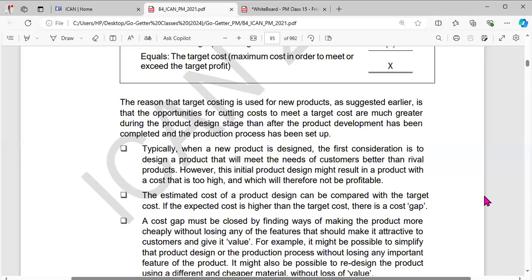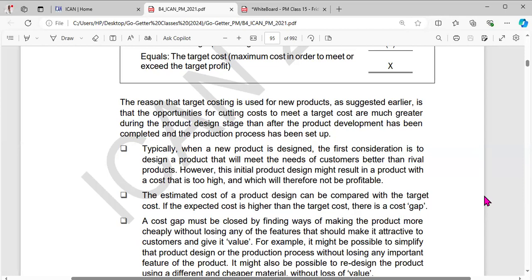The expected cost is supposed to be lower than your target cost, because your target cost is supposed to be the maximum cost you spend. If your expected cost is higher than your target cost, then there is a cost gap which must be bridged. If your expected cost is lower, then it's fine.